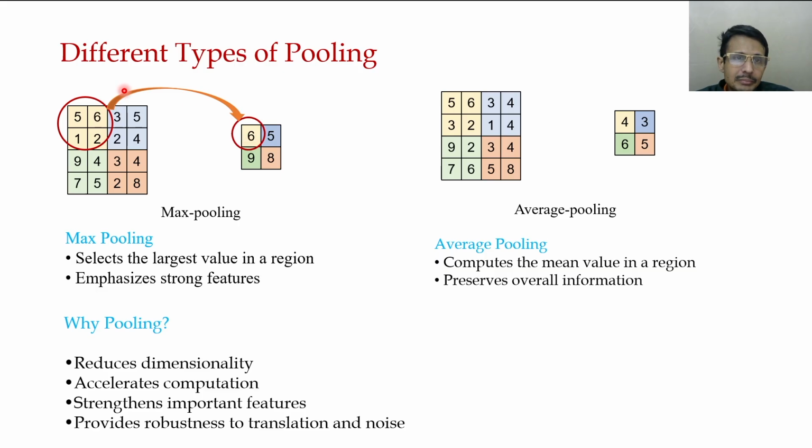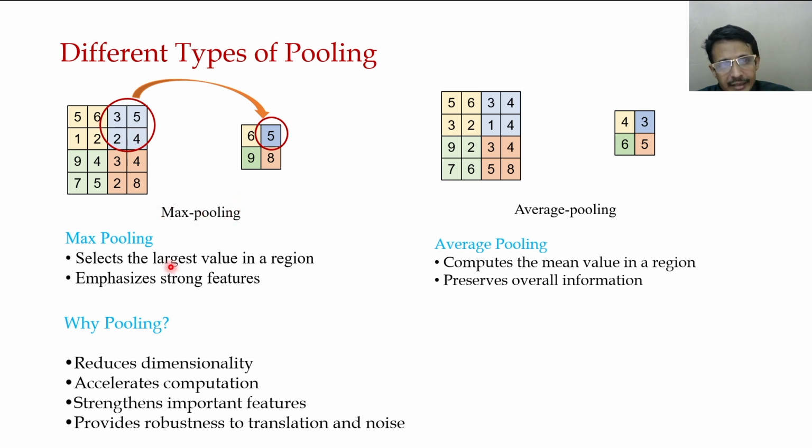Next position, what is the highest value? 5. So it will give 5. In this way we are doing the max. What is important here is that it selects the largest value of the region to emphasize the strong feature, to find out the most prominent response.